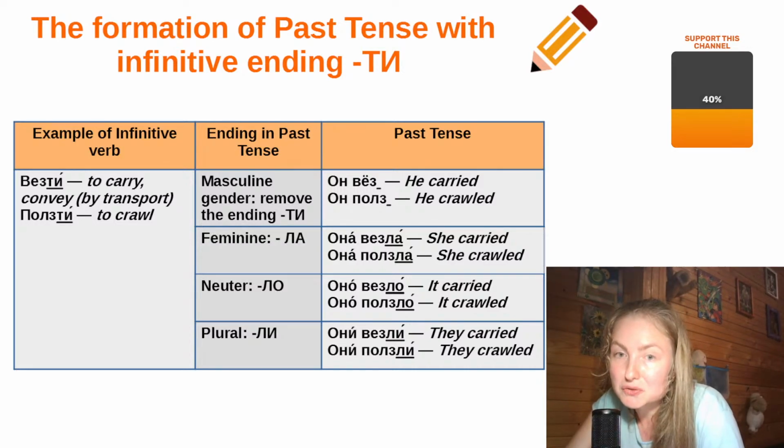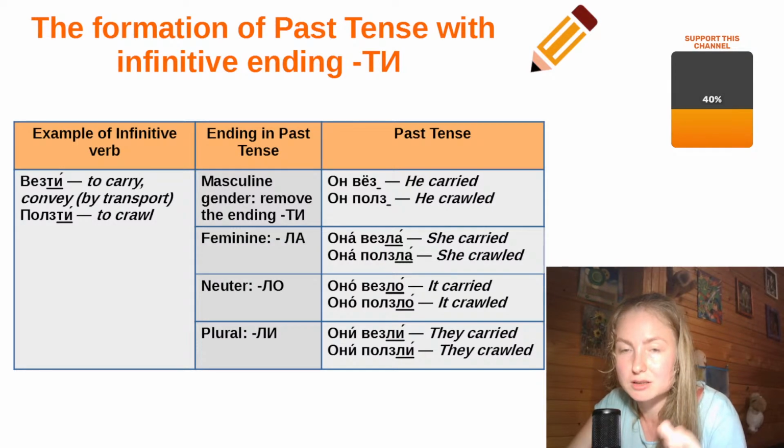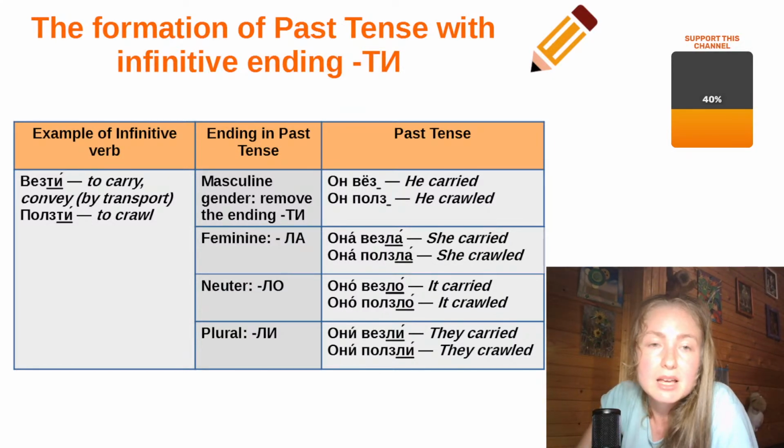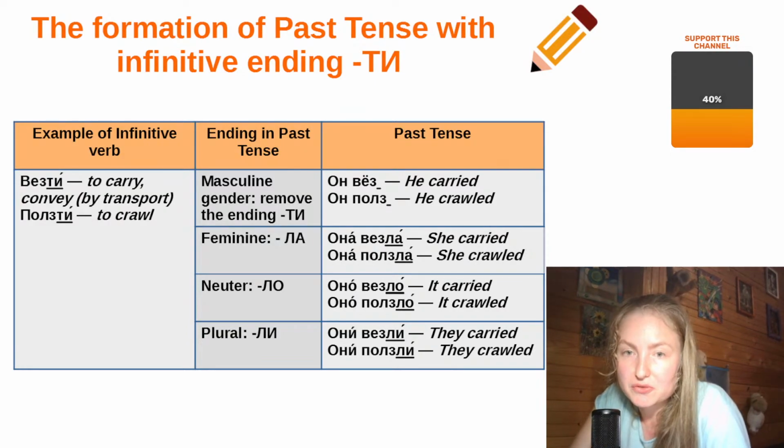It's not only these two verbs, we have other examples. If you are interested, I can make one more video about these verbs in detail. Now I give you basic information about the past tense in Russian language. This group is not very popular.